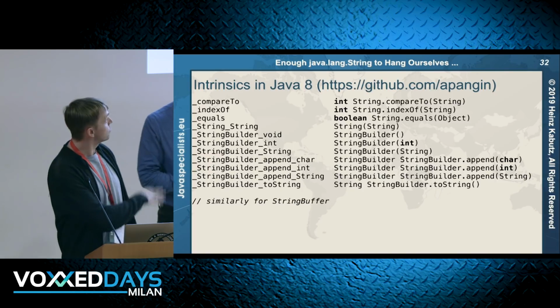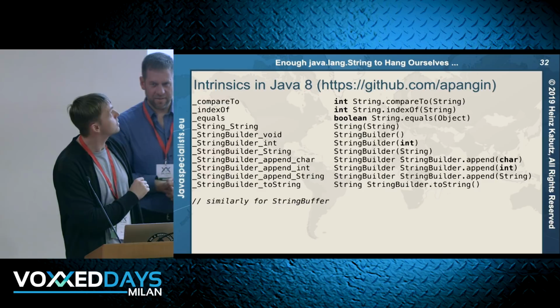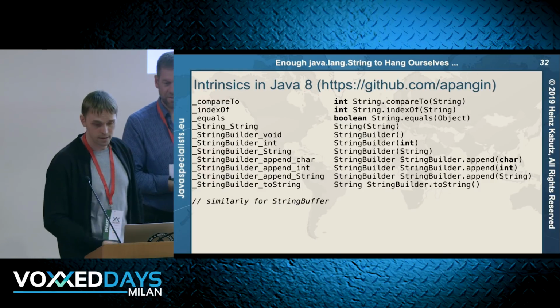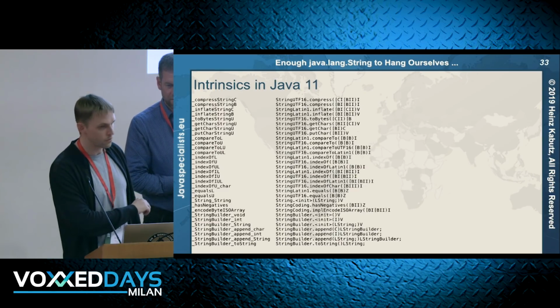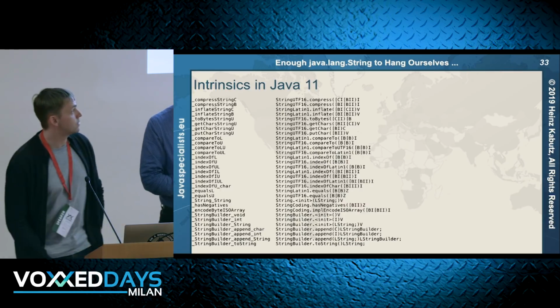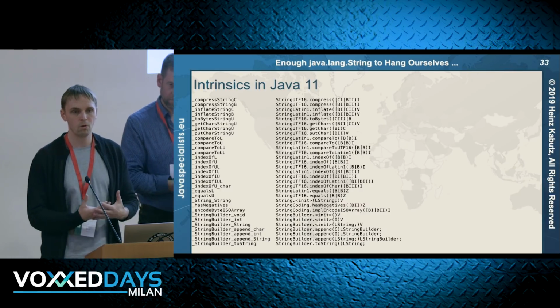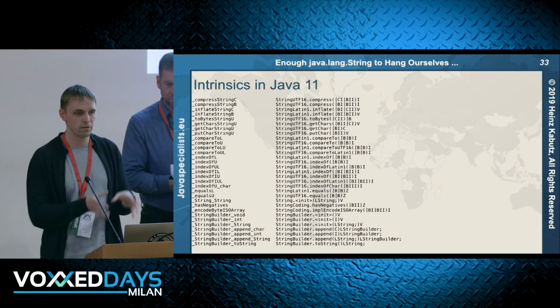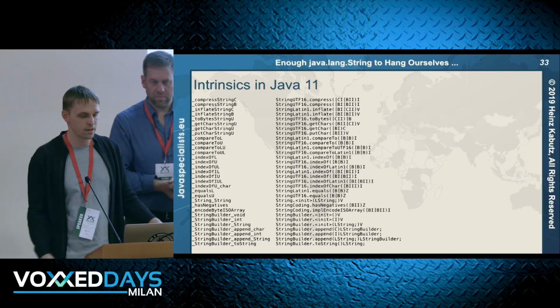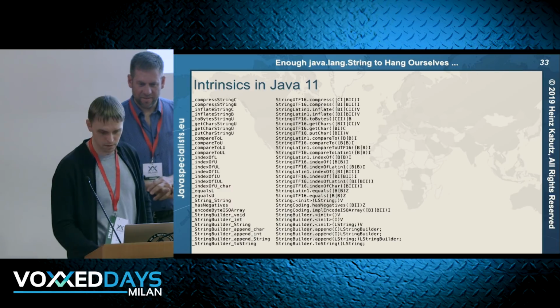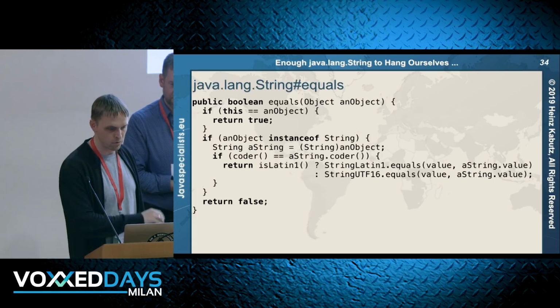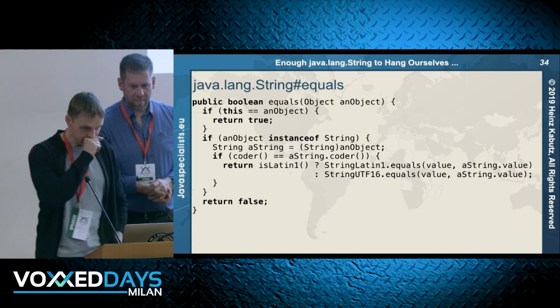This is just a list of some of the string-related intrinsics in JDK 8. And if you look at 11, it's far more. The reason is we basically doubled all the overhead of string working. Before we just had one string class, now inside there is Latin 1 and UTF-16, so we doubled that, and there were more intrinsics added to that.